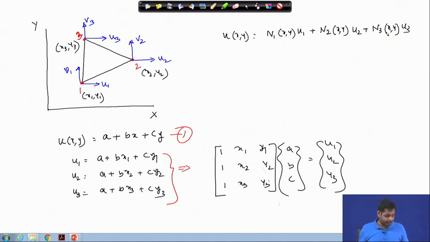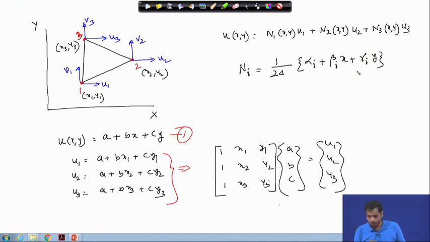And what will be the expression for N1? I just give you the final expression: Ni will be 1 by 2 delta times (alpha i plus beta i x plus gamma i y), where delta is equal to the area of this triangle.